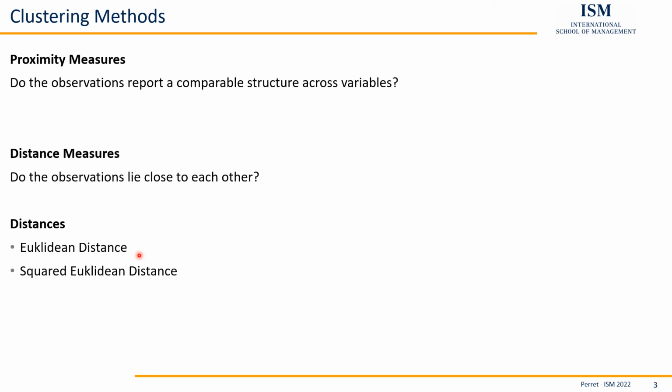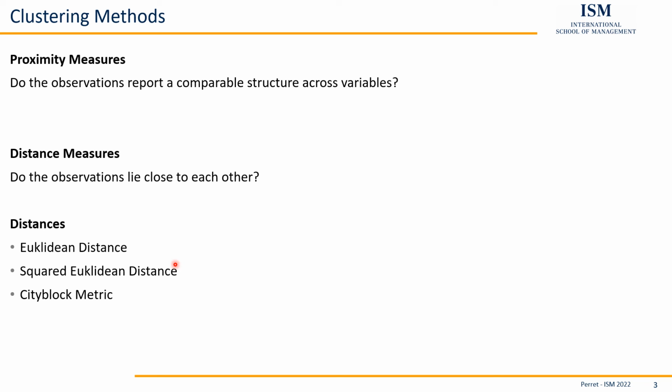Another alternative to this would be the squared Euclidean distance. That's a bit the idea that it punishes long distances more strongly and punishes small distances, a lot of small distances, less severely. That's one alternative. That's in some statistics programs even the standard approach.